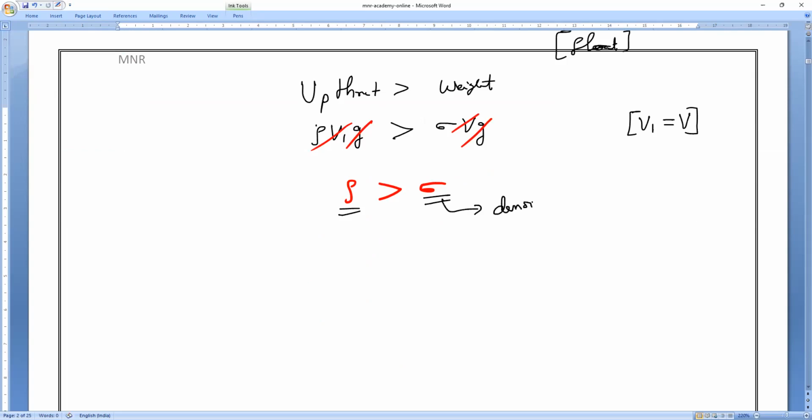So if the density of liquid is greater than the density of object, will the object sink or float? Float. Everybody, the object will float.